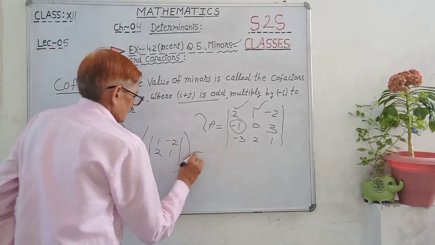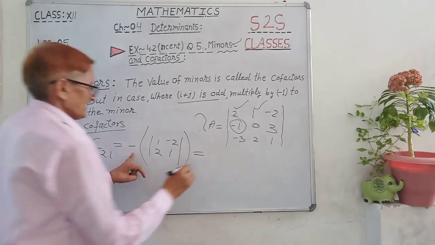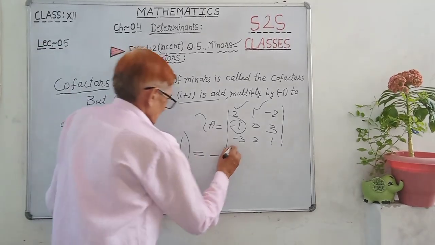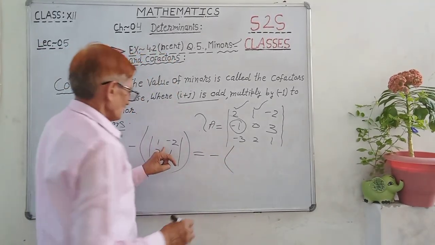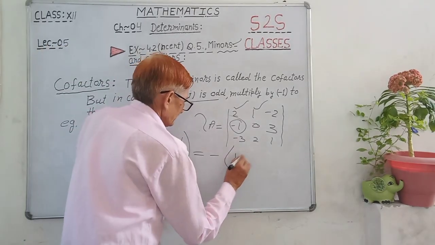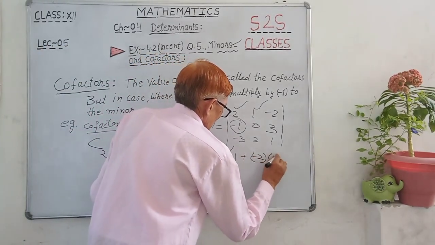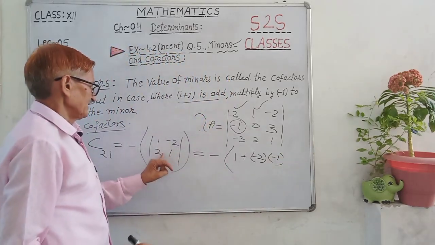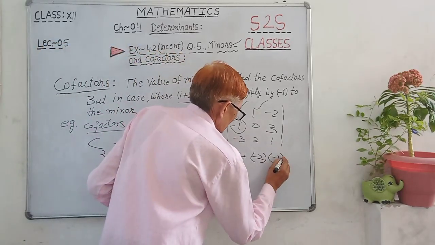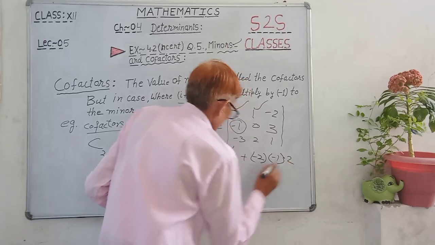Okay, then equal, minus out, expand it, so 1 into 1 1 plus minus 2 into minus 1 and into 2. Okay beta, clear?